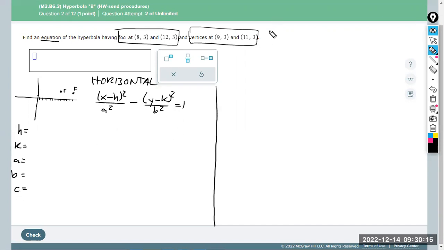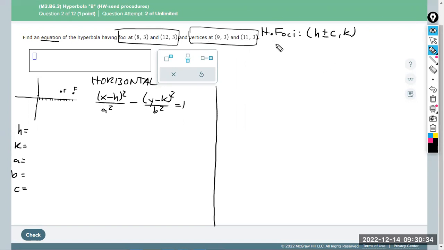So first, let's start with the foci. Horizontal foci of a hyperbola have a formula that goes like this: h plus and minus c comma k, right?